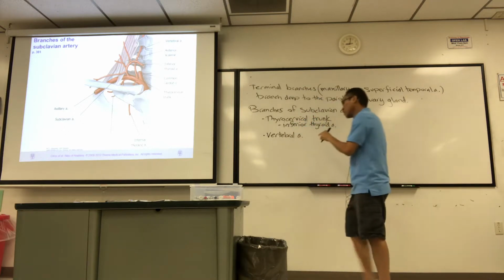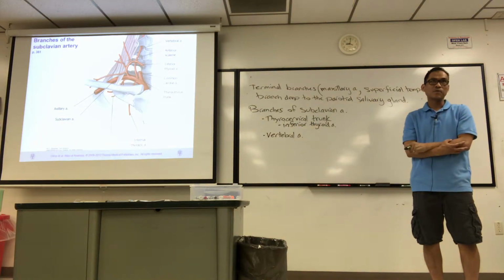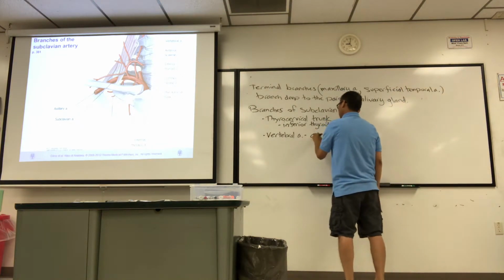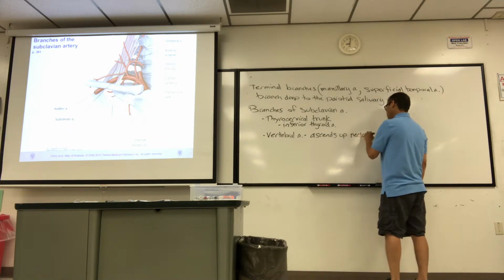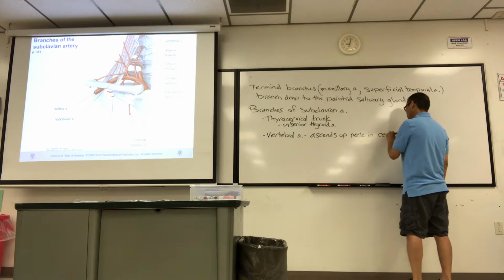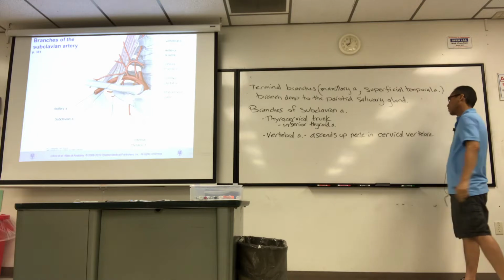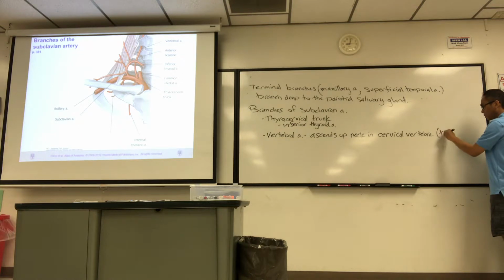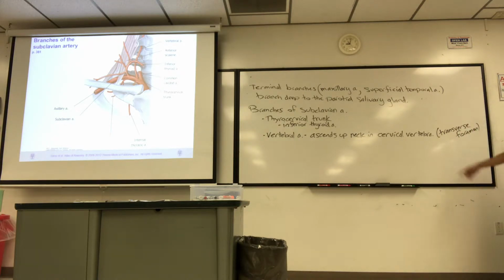That's an important one. Vertebral artery will ascend up the vertebra in the transverse foramen of C6 to C1. It ascends up the neck in cervical vertebra. So the transverse foramen, I'll show you a picture later, just note it for now. It's one of the unique things about the cervical vertebra, your neck bones.